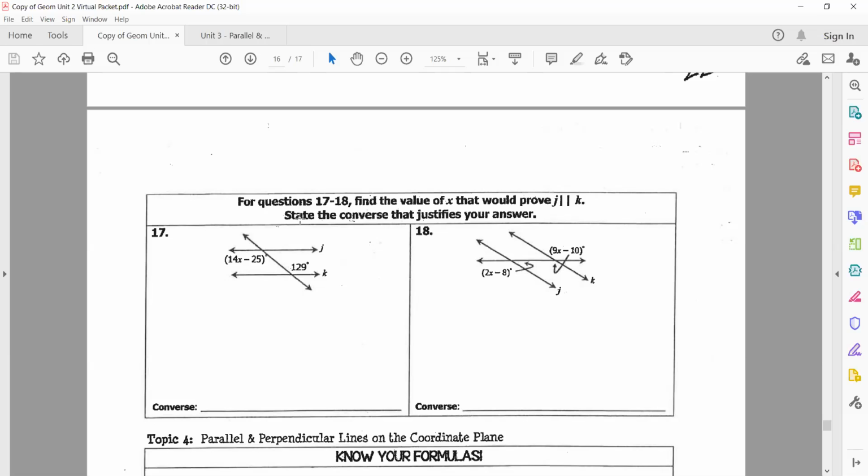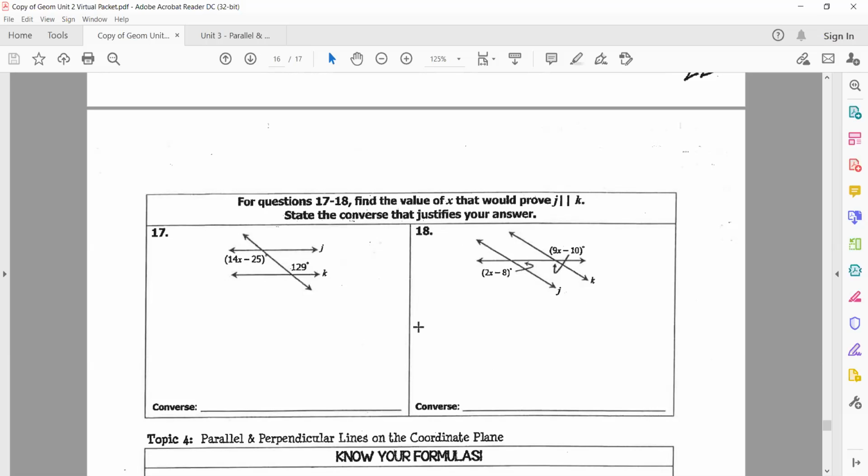If we're going to prove that lines J and K are parallel to each other, there's only one value for X that would allow that to be true. So what equation do we set up here? What's the relationship here between 14x minus 25 and 129 degrees? 14x minus 25 equals 129.